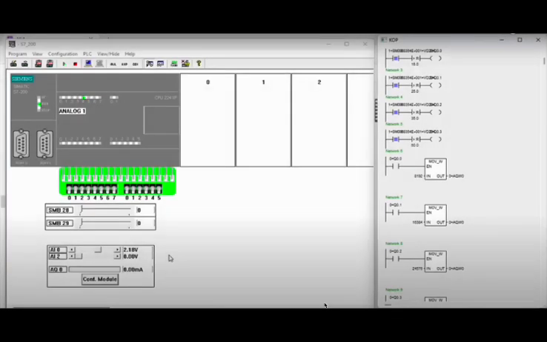Welcome. We are here to do the simulation test for my proposed radar sensor-based water level sensing technology as part of my project design 2 requirements.